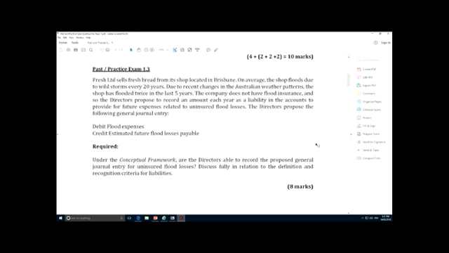Well, remember, one of the things that we have to do with accounting is be conservative. So if we're going to be conservative, we have to err on the side of caution. Sometimes the flood isn't as bad as another time, but if we err on the side of caution and provide a bit more, what's wrong with that?